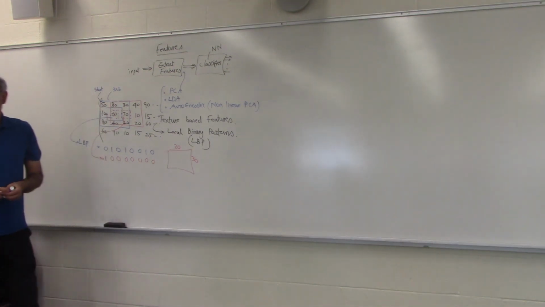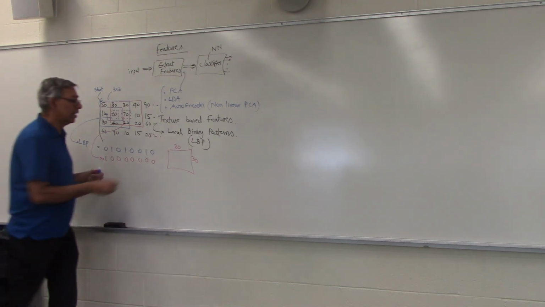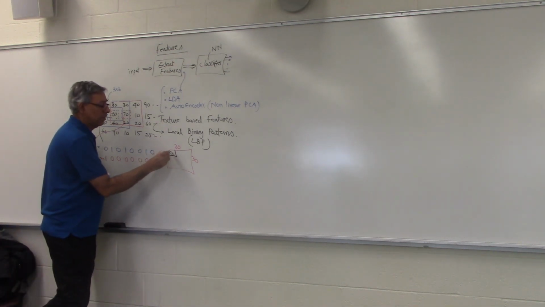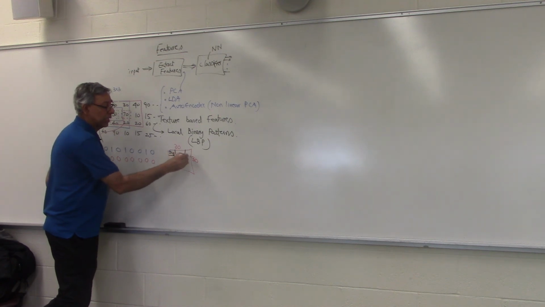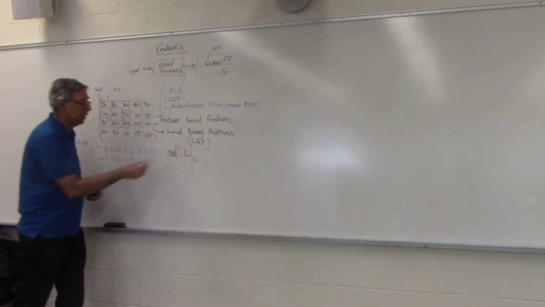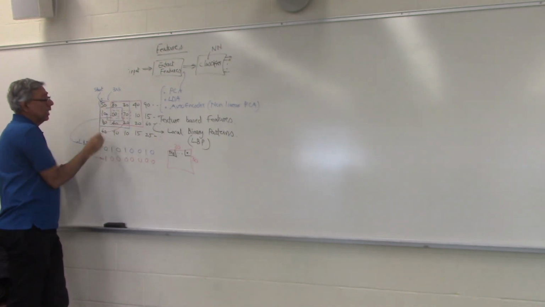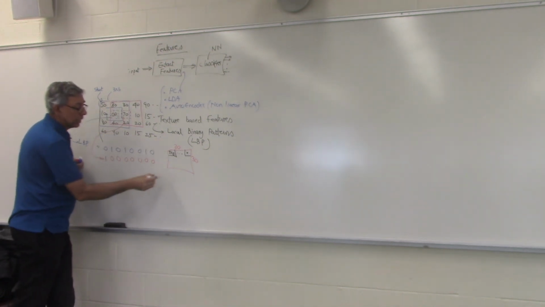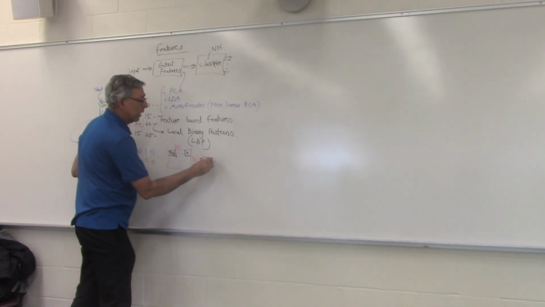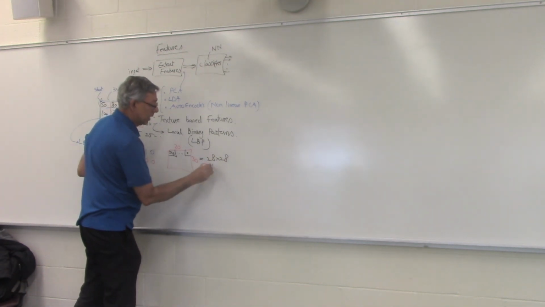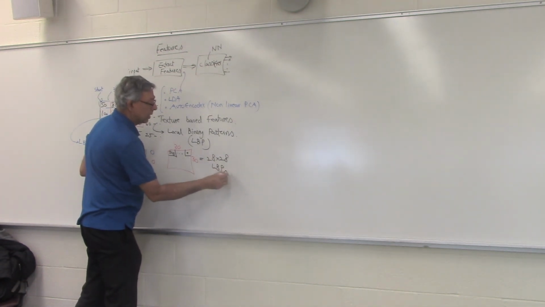Suppose I gave you a 30 by 30 image. Can you tell me how many local binary patterns we will get? 28 by 28. Remember, you're putting a 3 by 3 window and moving it one pixel at a time. The first position was right in the second row, second column, and the last position will be over here. So there will be 28 by 28 local binary patterns.